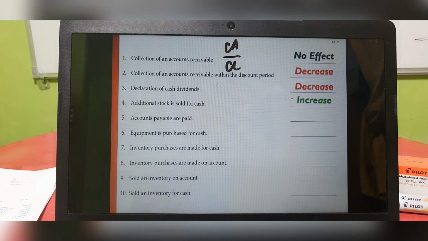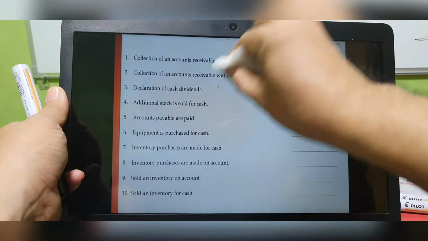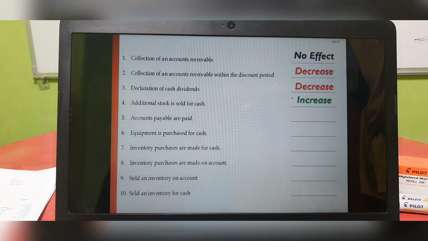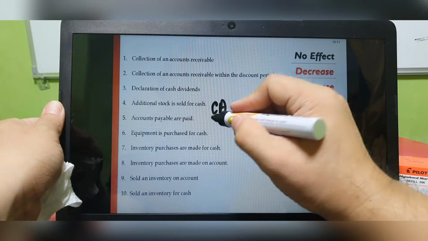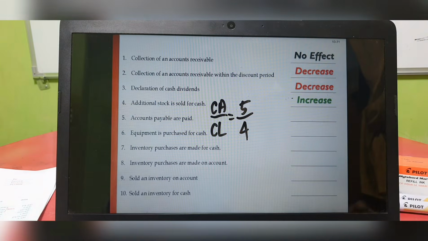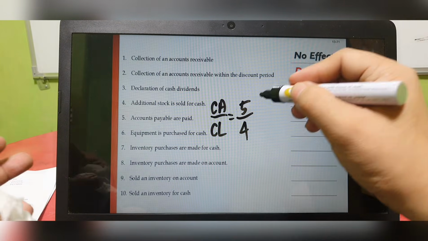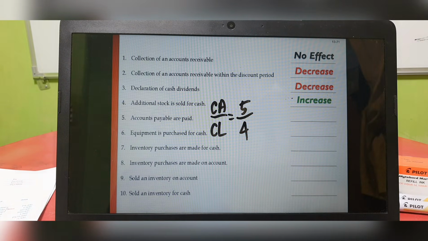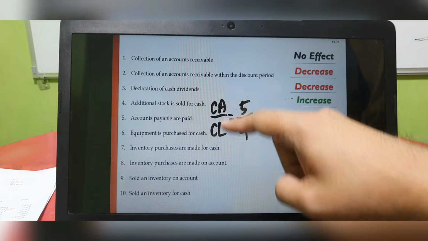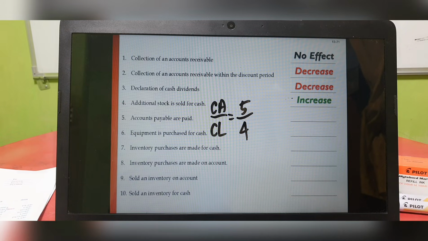Accounts payable are paid. What happens to our current ratio when we pay our accounts payable? The CA over CL that we assumed earlier is 5/4. When we pay accounts payable, we subtract from cash and we subtract from current liabilities. So both the top and the bottom are affected. Both current assets and current liabilities decreased, so is the answer no effect?